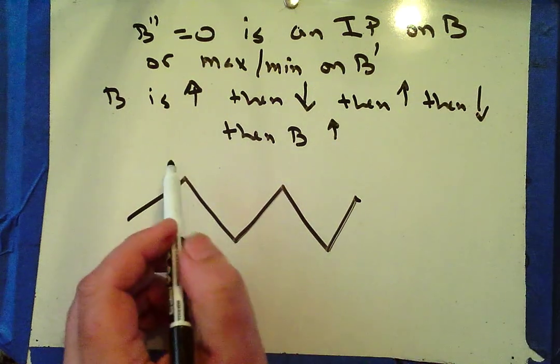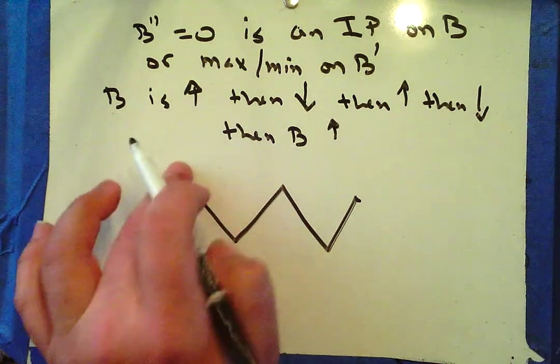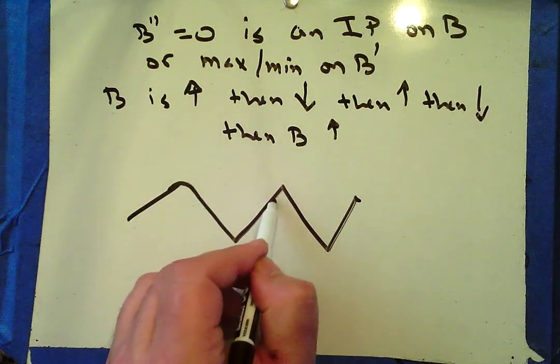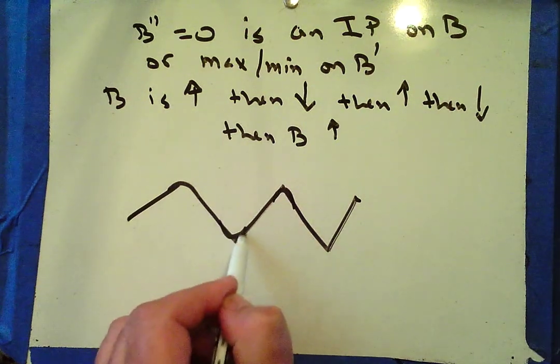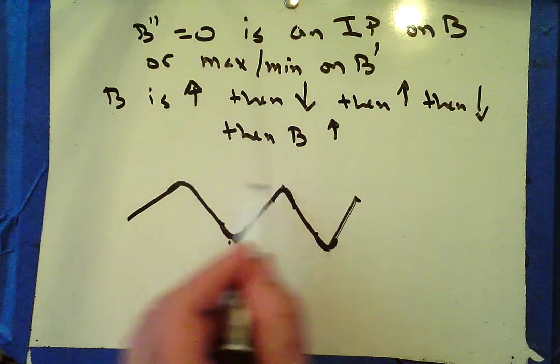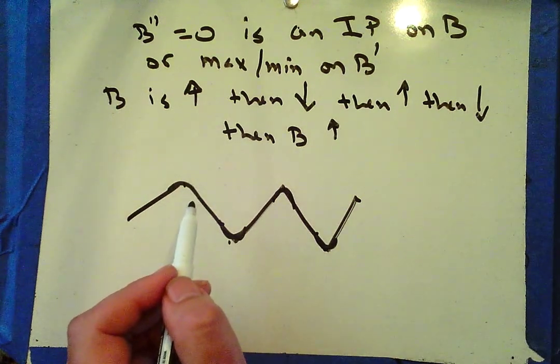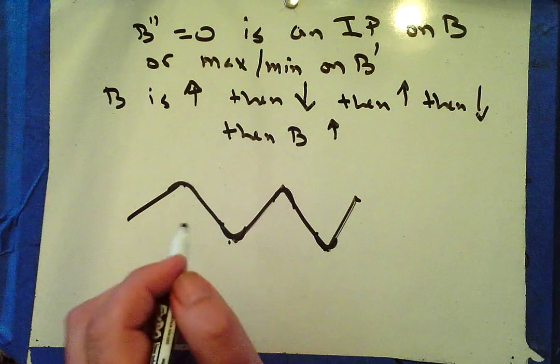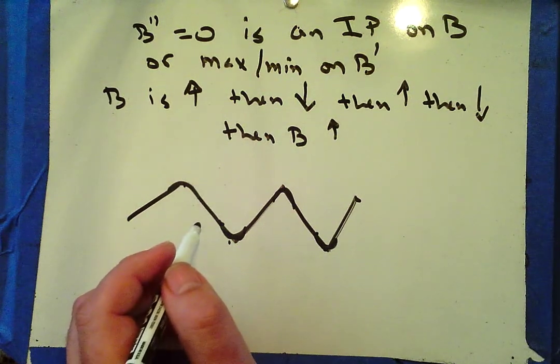Well, this is a continuous function, so no pointy points here. These are all curvy things. So I'm going to have 0 slope, 0 slope, 0 slope, 0 slope. That's that other approach I was talking about. But let's think about inflection points.